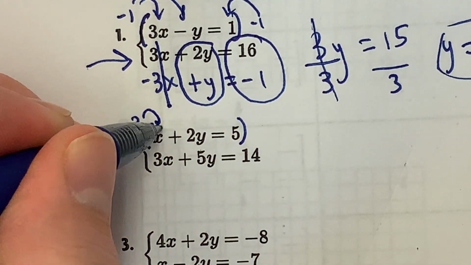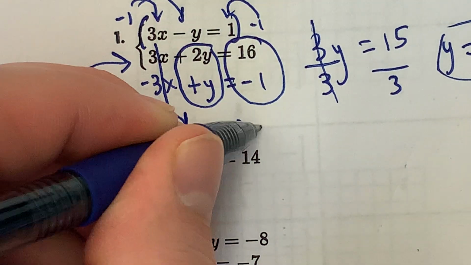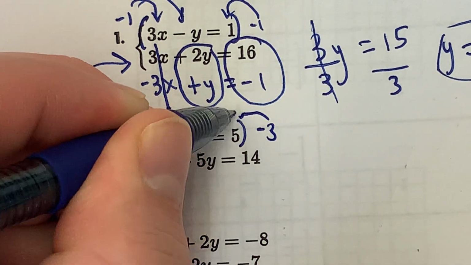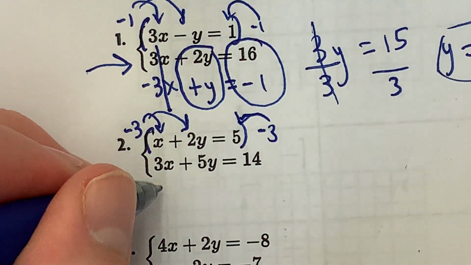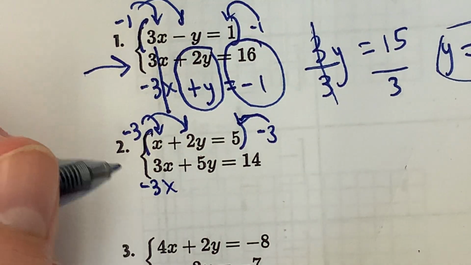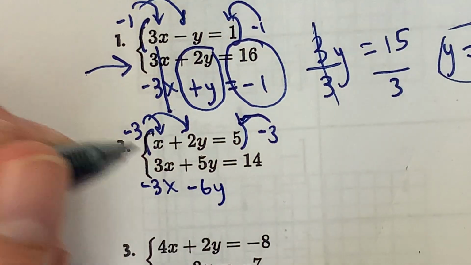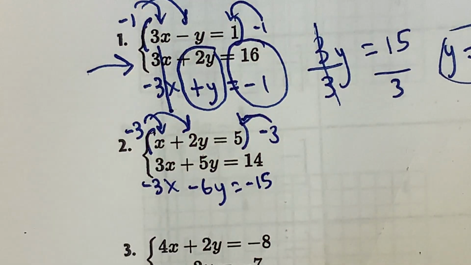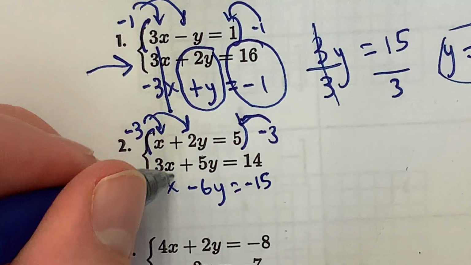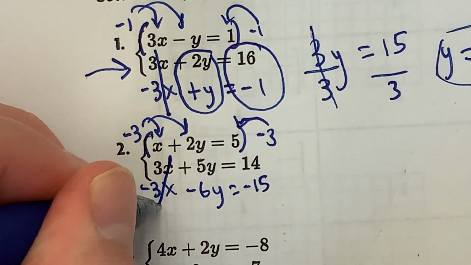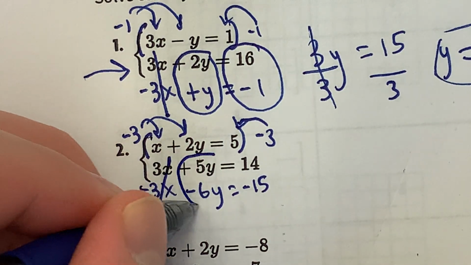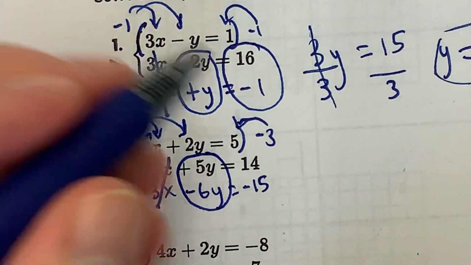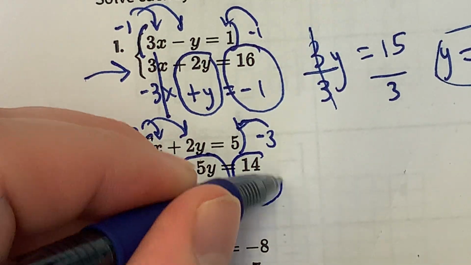But whatever you multiply to one thing, you have to multiply it to all the things. So my new equation is negative 3x, negative 6y, and a negative 15. And now those 3x's cancel, but this becomes negative y, and this becomes negative 1.